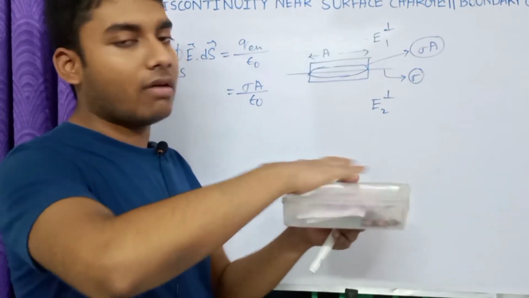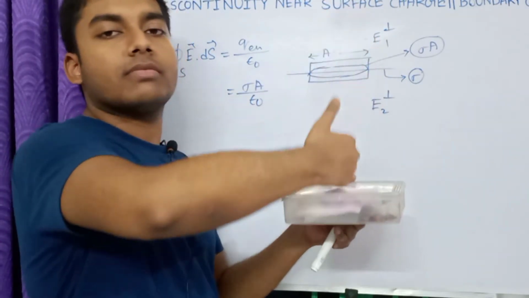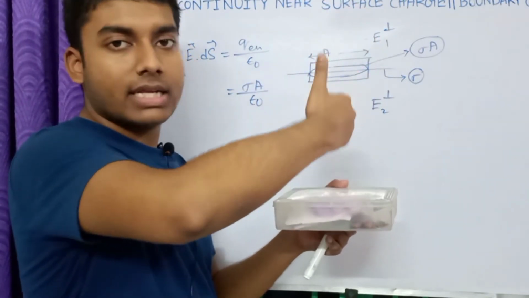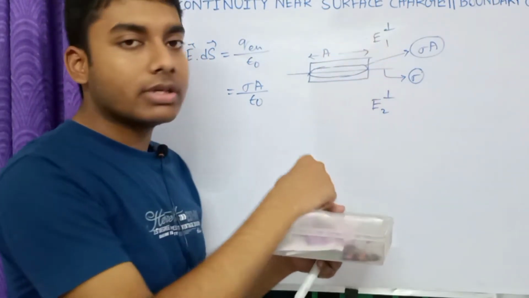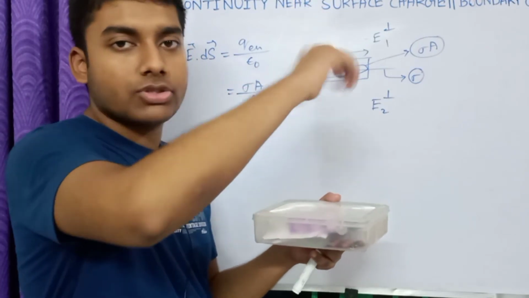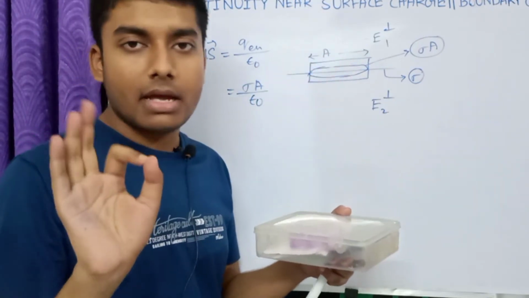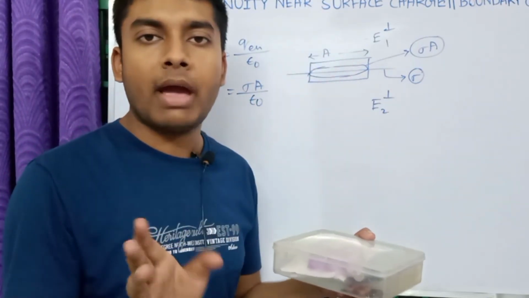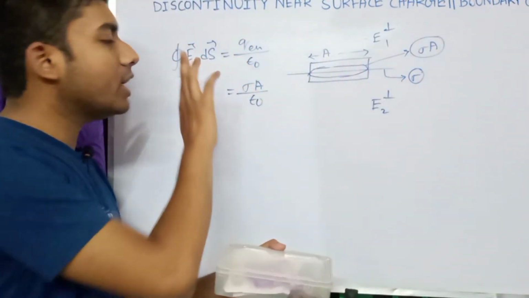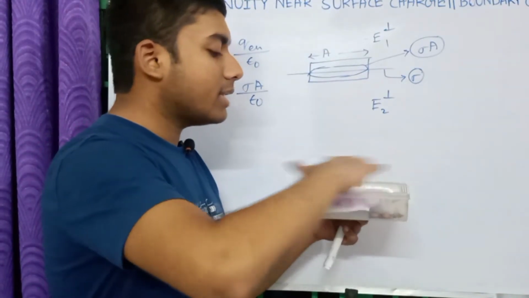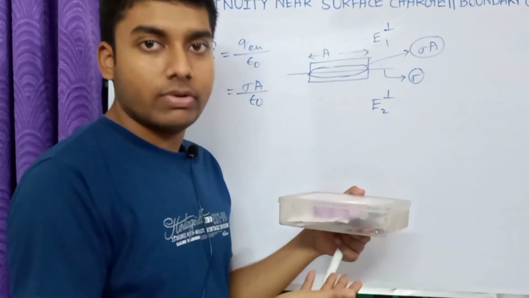The area vector dA of this plane is in this direction, and the perpendicular component of the electric field is also in this direction. So the dot product will be simply the product of the magnitudes, that is E times ds, for the upper and lower surface, right?